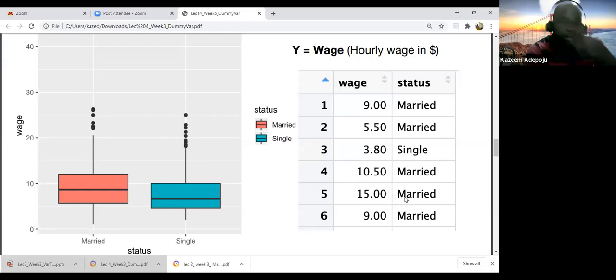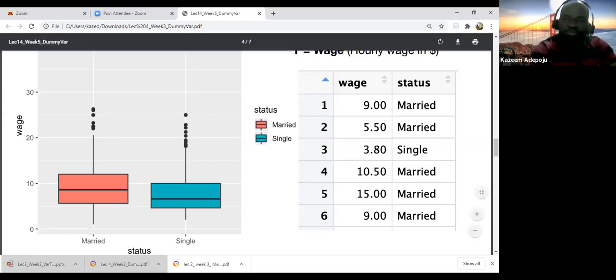Okay, now if I have this particular data set, I'm actually going to have what I call descriptive analysis before I go inferential. And what is a descriptive analysis? I actually need a descriptive plot. Since the nature of the predictor is categorical, then I can draw a box plot.